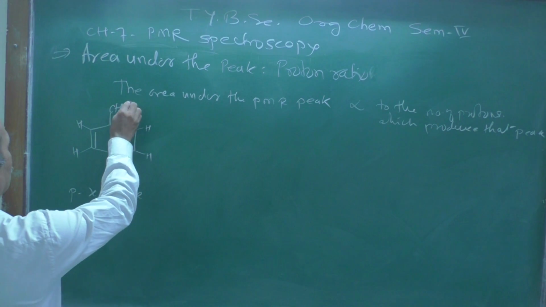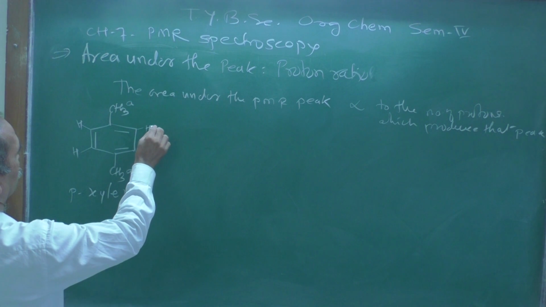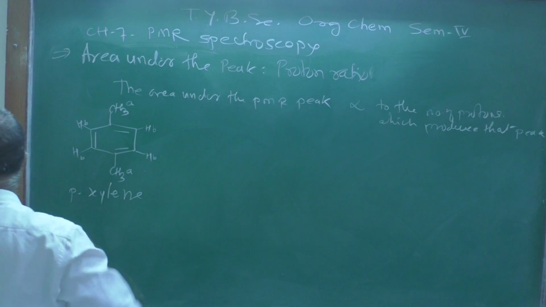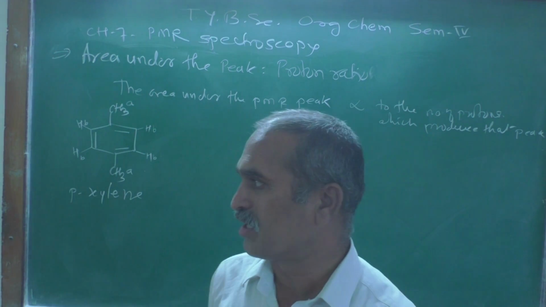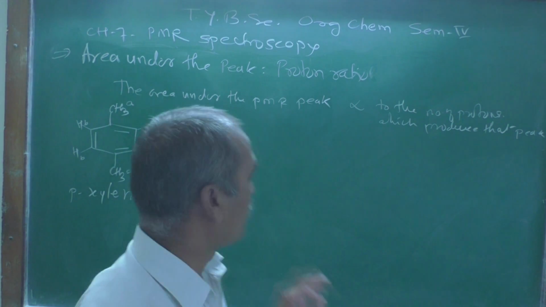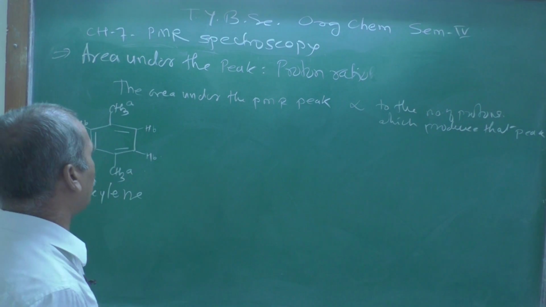One corresponds to methyl and another corresponds to aromatic protons. One is the methyl proton and another one is the aromatic proton. Two types of protons are there.